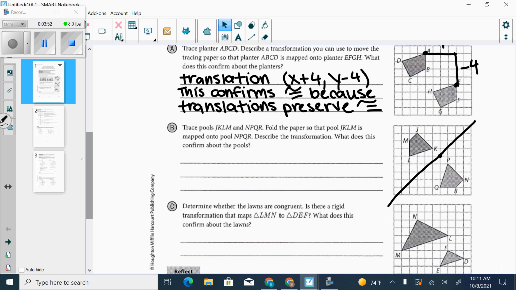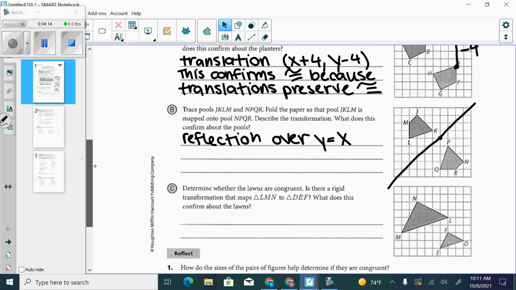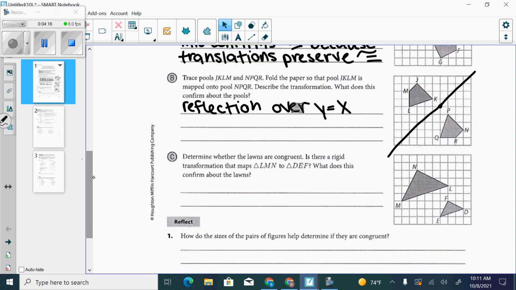Okay? So here is our line of reflection. Well, what line is that? Y equals X. Very good. So this is a reflection over Y equals X. Okay?